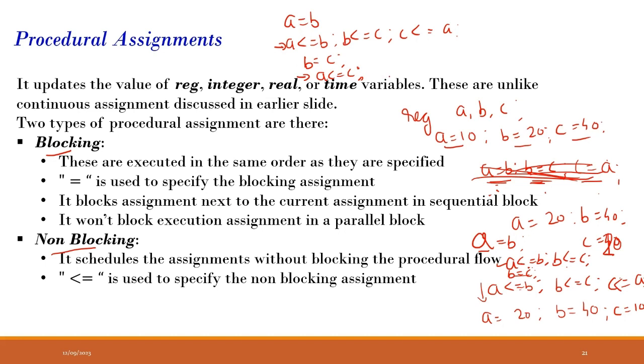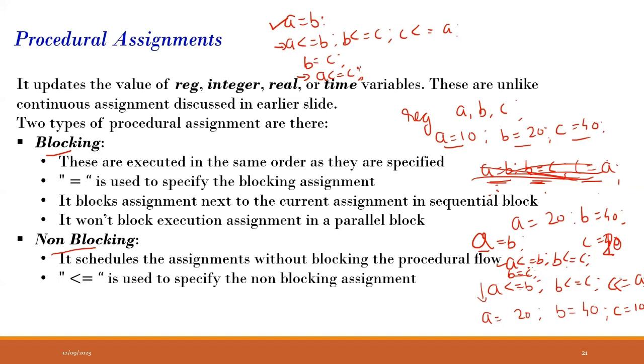Yes, sir. Exactly. So I think we'll have to simulate and check. What I can understand is first it will run this set of code because it is blocking. Then it has to go to the next set of code, and because all these are non-blocking statements, it will perform all of them simultaneously. Once it is done, it will go to the next line of code and perform this, and then perform this.